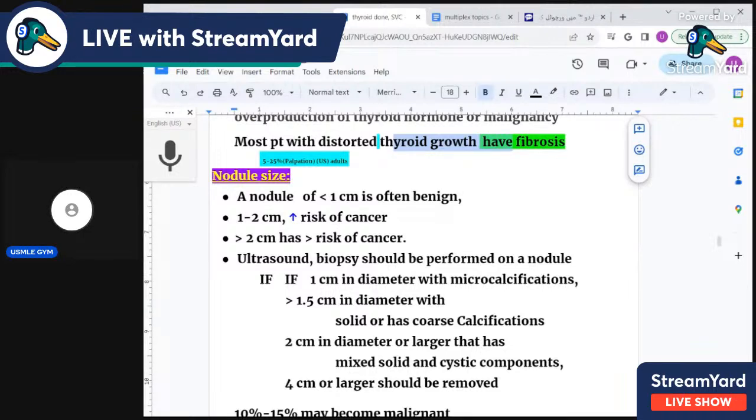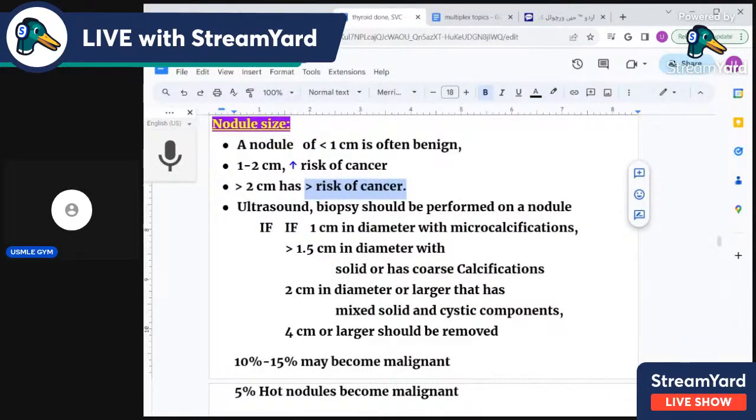So in the nodule size, less than 1 centimeter is usually benign. 1 to 2 centimeters has increased risk of cancer, and more than 2 centimeters has more risk of cancer. So when is an ultrasound-guided biopsy performed? Number one, if the nodule is 1 centimeter in diameter with microcalcification, which is seen on ultrasound and is a feature of malignancy.